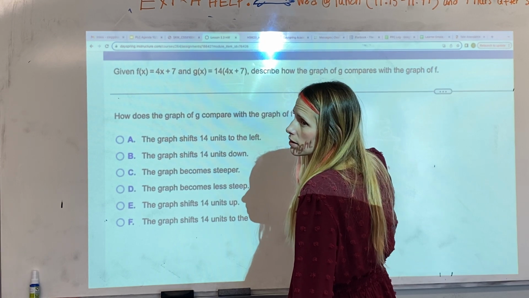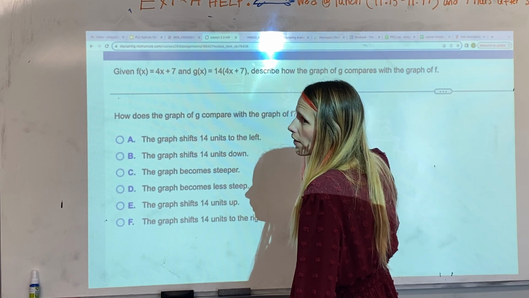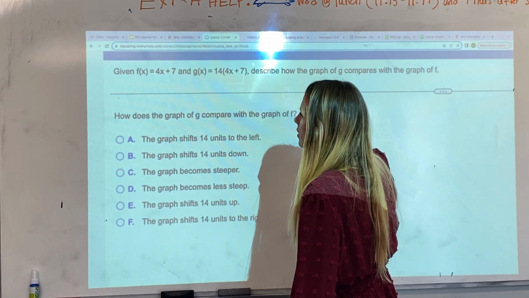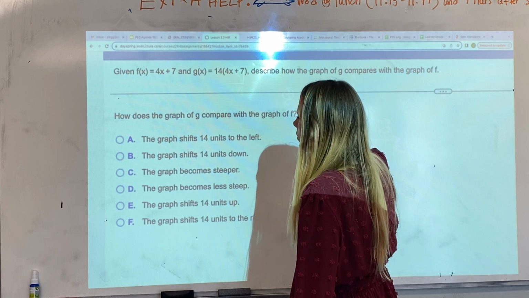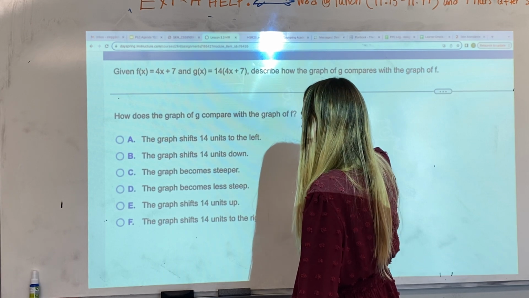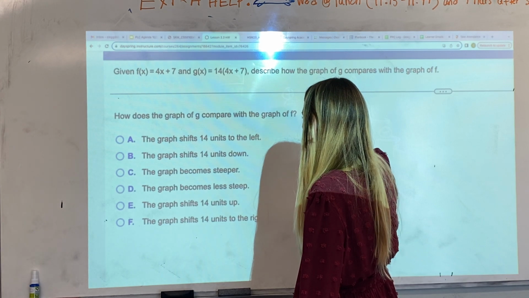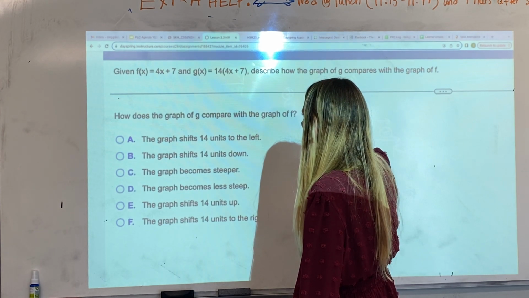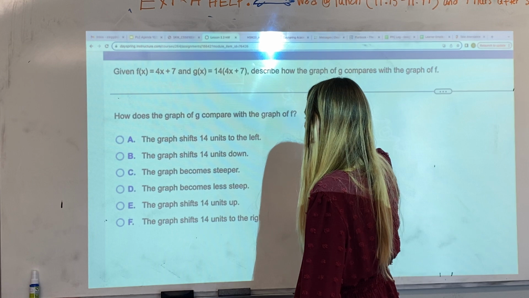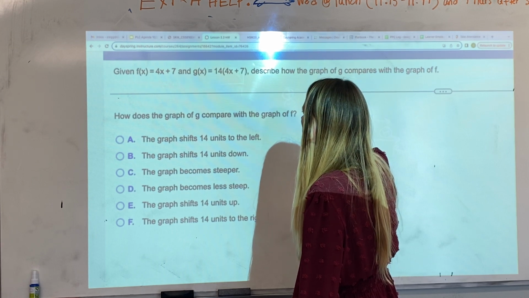You got this one? Okay, well, I didn't teach this yet though. How did you do it? Because I saw what the worksheet was, and I just did it. I only had two choices left between all the other answers. I just saw that it was a positive. Okay, well, let's take a look.